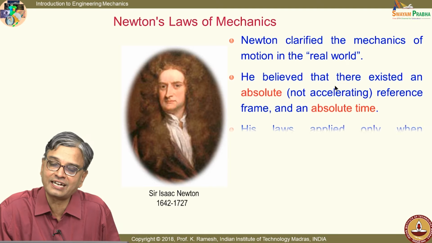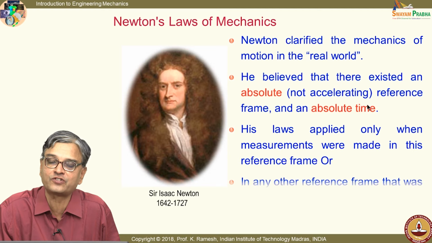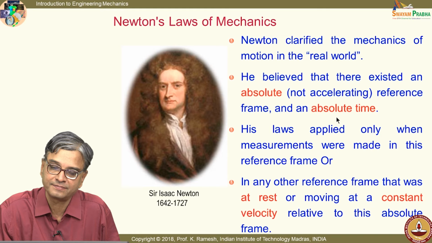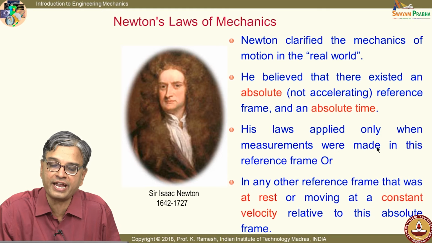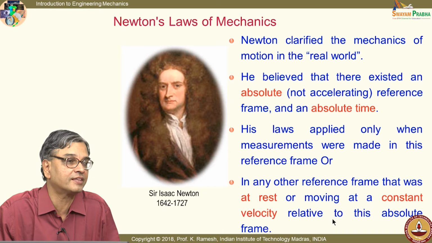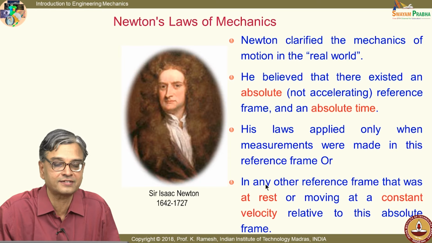He also believed that there existed an absolute reference frame and an absolute time. His laws applied only when measurements were made in this reference frame or in any other reference frame that was at rest or moving at a constant velocity relative to this absolute frame. They are called inertial frames of reference.